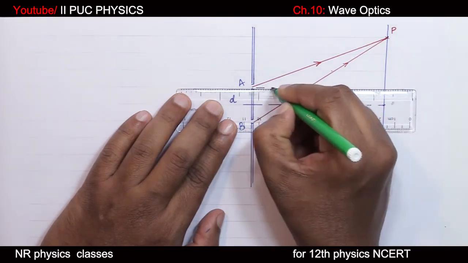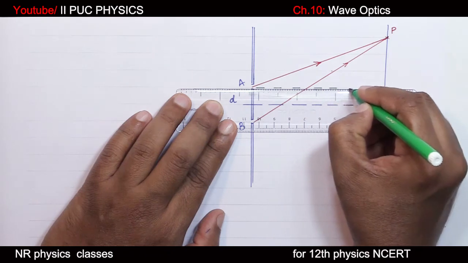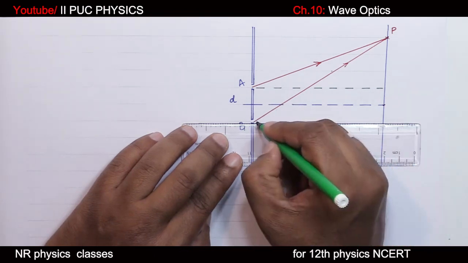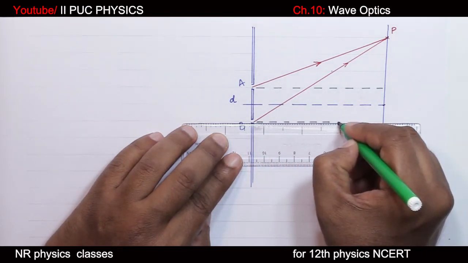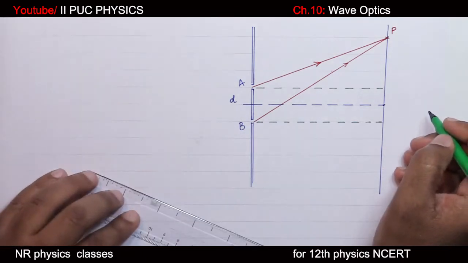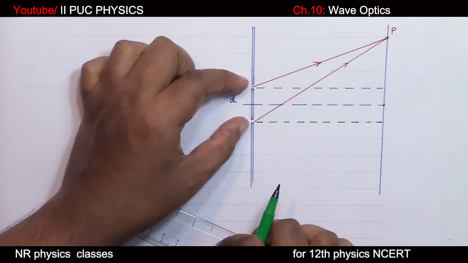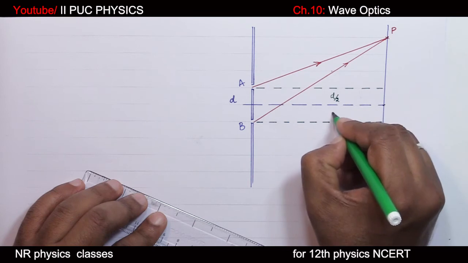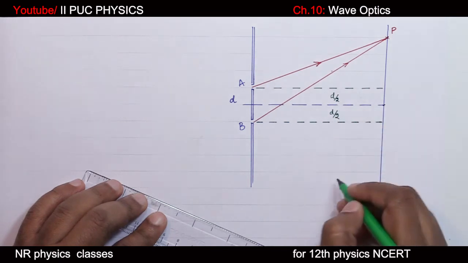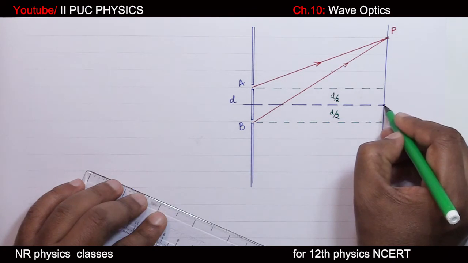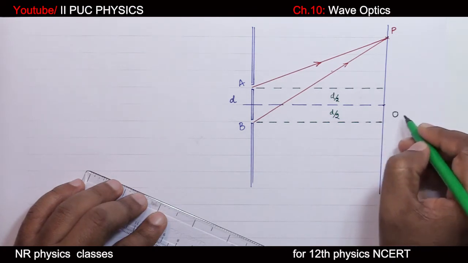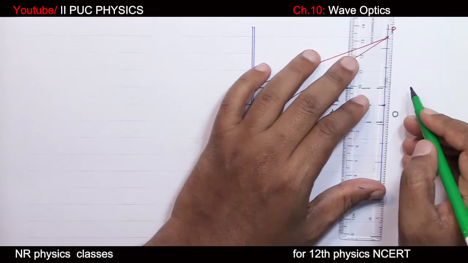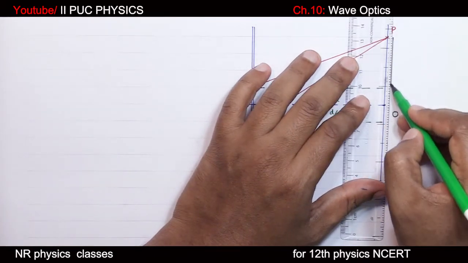Let me draw a dotted line just in front of A. Similarly, from B. If the distance between A and B is small d, then this distance is d by 2 and this is another d by 2. Center of the screen, O. The distance of P from the center of the screen is x. So this distance is x.